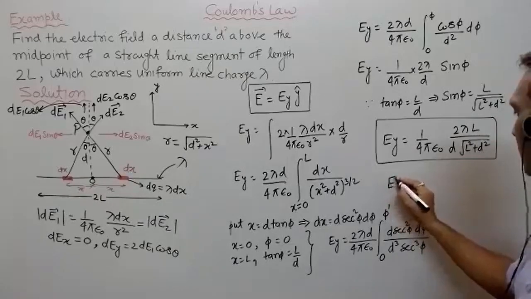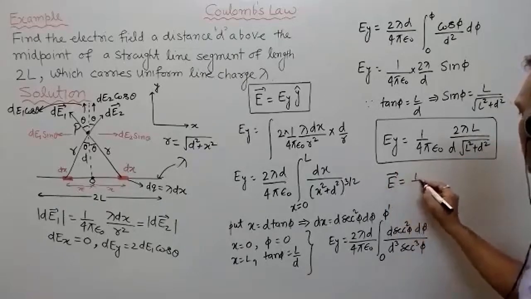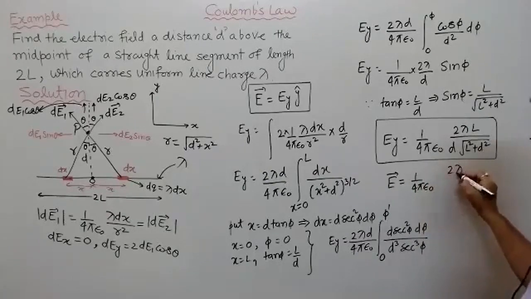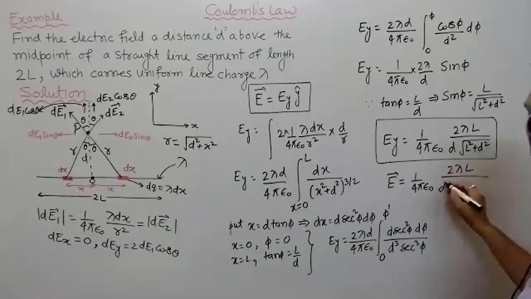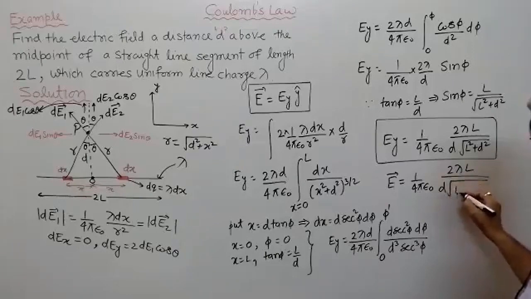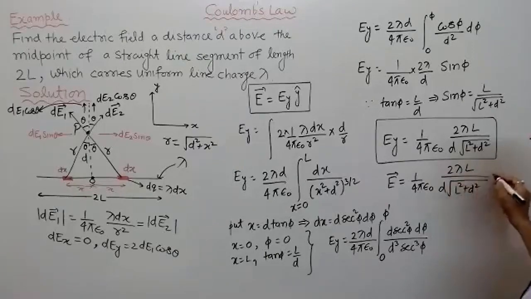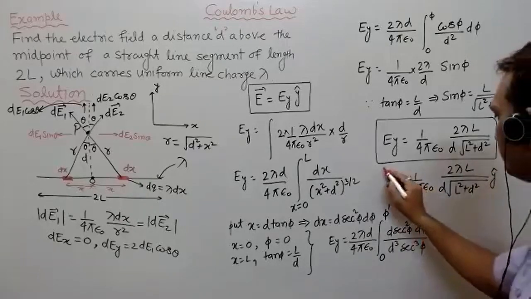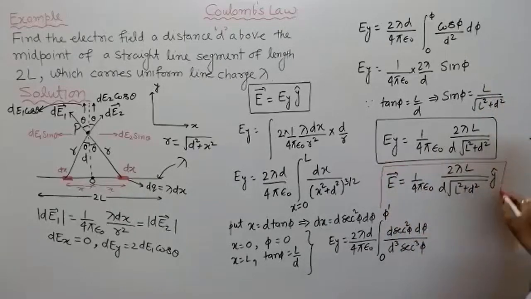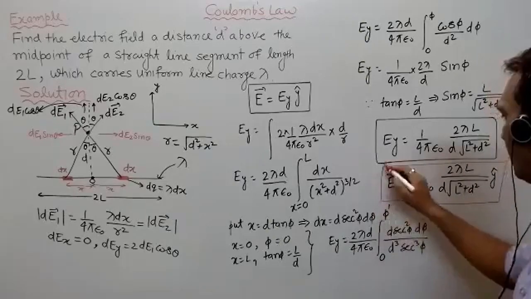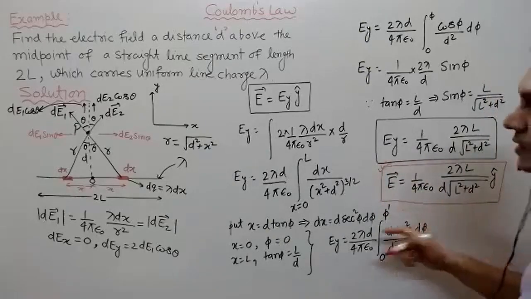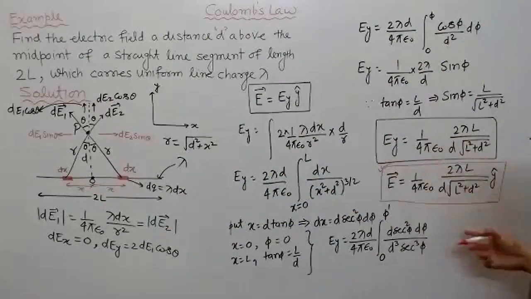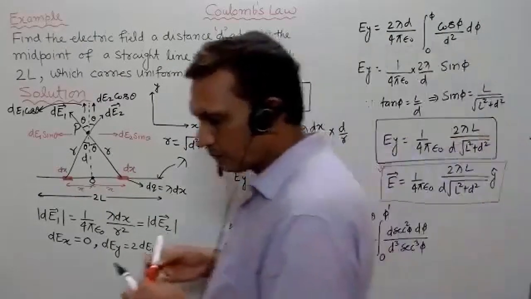So finally we can write the electric field as 1 by 4 pi epsilon naught twice lambda L by D under root L square plus D square, y cap. This is the electric field. Finally, you have to see this result. This is the electric field D distance above the midpoint of the wire if its charge per unit length is lambda.